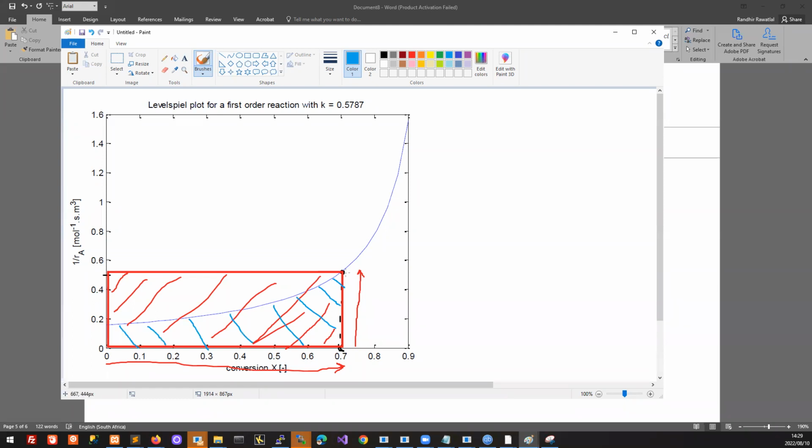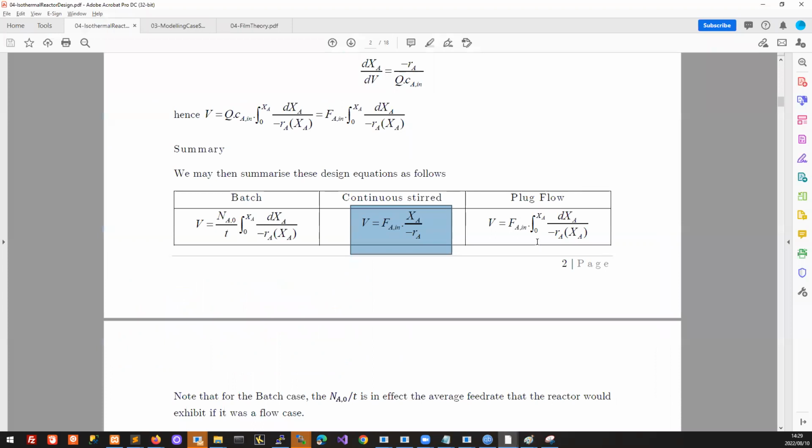So you see your PFR needs less volume than the CSTR. The CSTR needs this additional volume here. And so that's the first thing we notice. The other thing is in the batch reactor, we have the same situation.